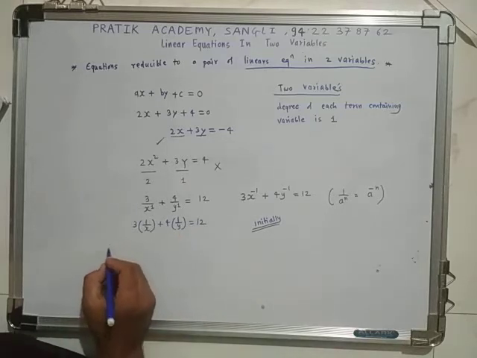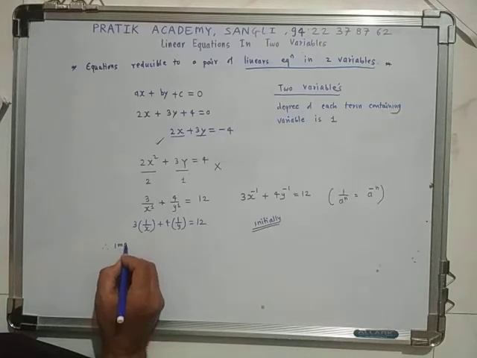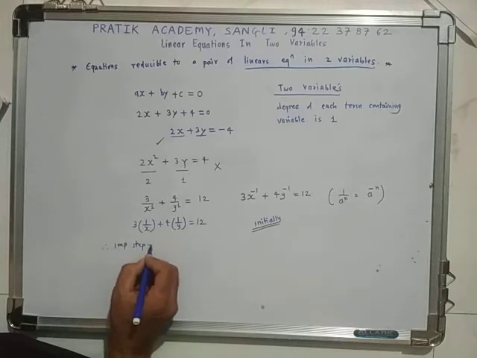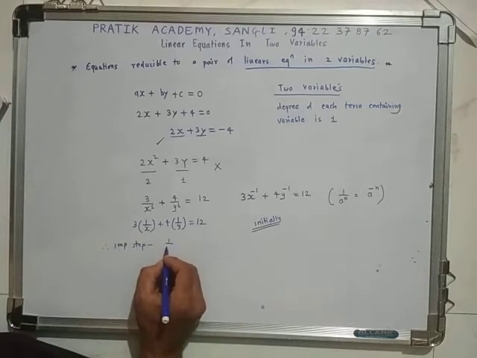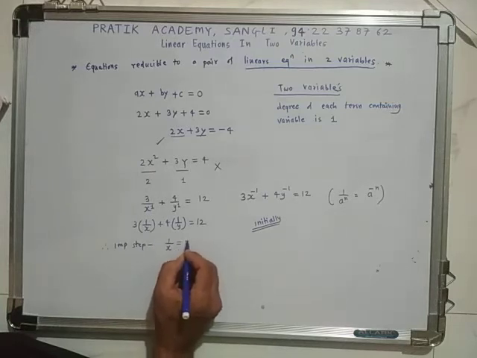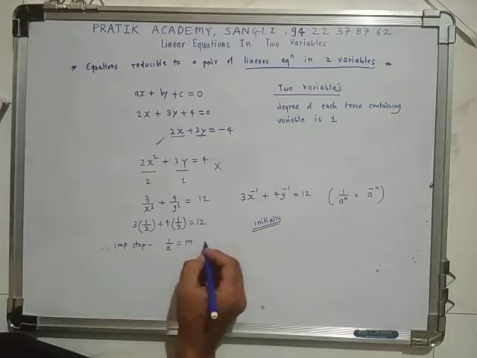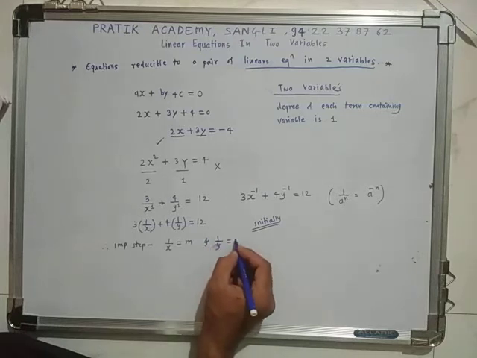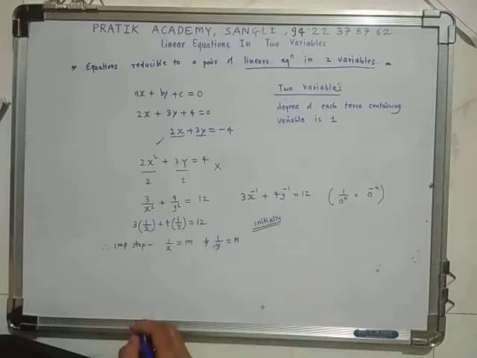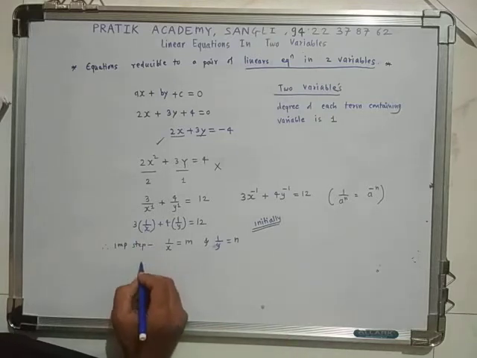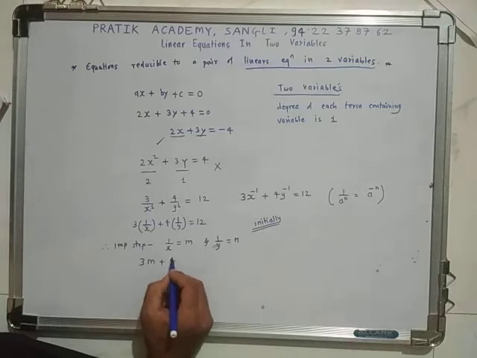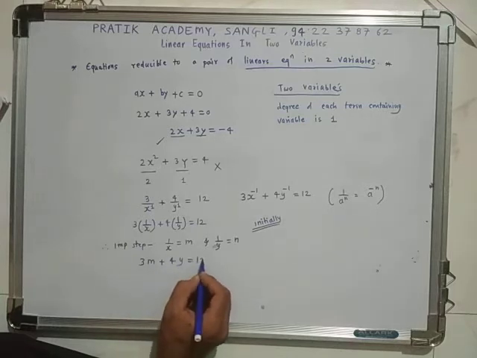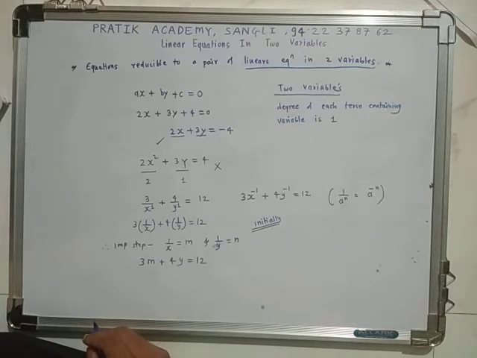Now I will do one important step. Here I will put 1 upon x is equal to m as a new variable, and 1 upon y as a new variable n. Then 3 into 1 upon x becomes 3m, and 4 into 1 upon y becomes 4n, equal to 12.